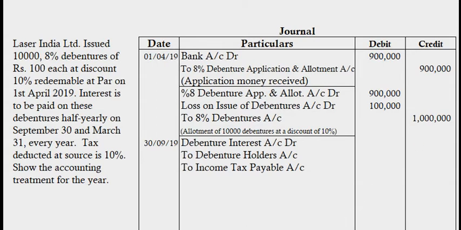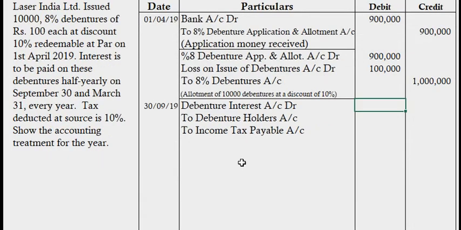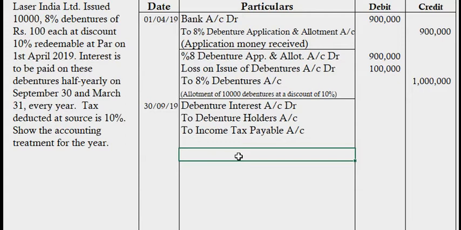And the interest is calculated half yearly, so this interest is for 6 months.